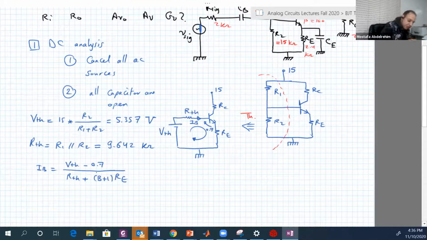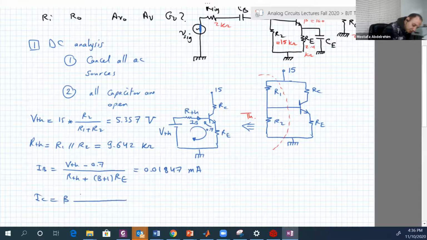I'll keep it that way, although I will put just the number for it: 0.01847 milliamperes. IC is equal to beta IB, so beta multiplied by the same stuff, V7 minus 0.7 over R7 plus beta plus 1 RE.